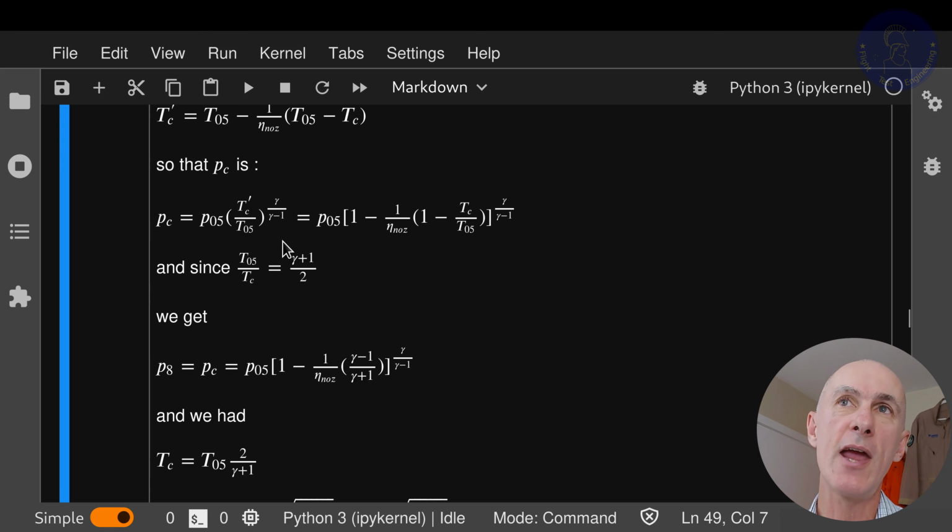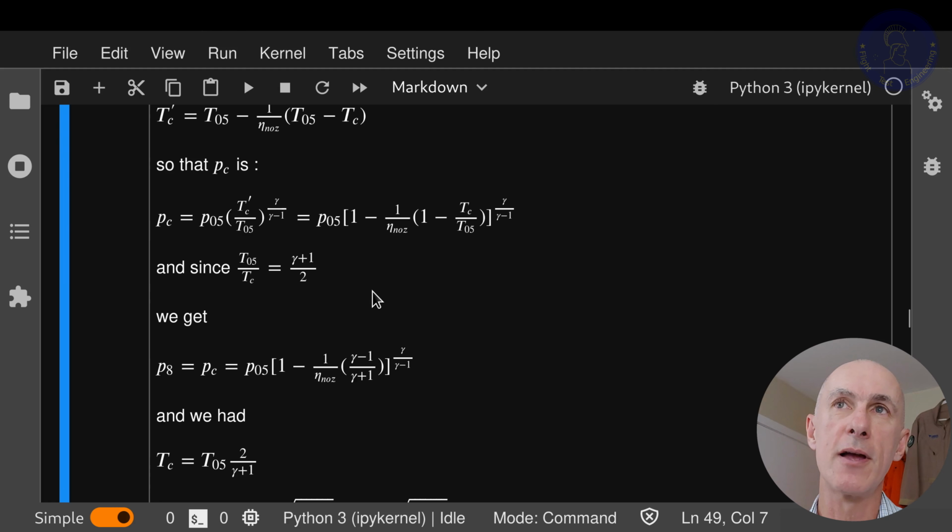But we can exchange Tc prime for Tc from the efficiency equation above, and we can then obtain P05 times 1 minus 1 over eta nozzle times 1 minus Tc over T05 to gamma over gamma minus 1.